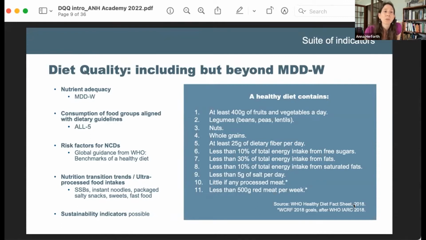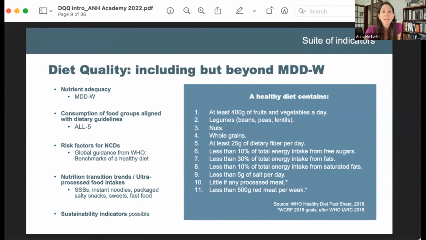It's meant to proxy for nutrient adequacy, but we also care about other aspects of the diet. We are also interested in how dietary consumption among women of reproductive age compares to other population groups. How does it compare to dietary intake among men, which would be more useful for assessing gender disparities than only having data on women?